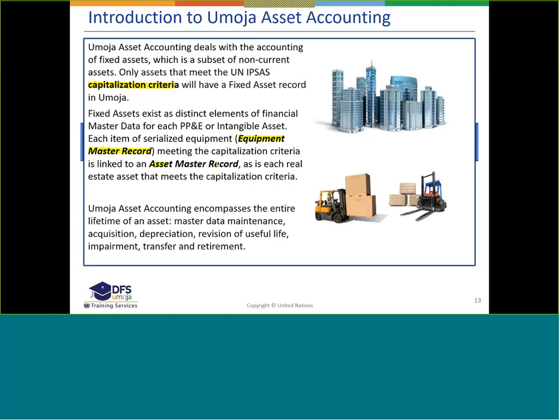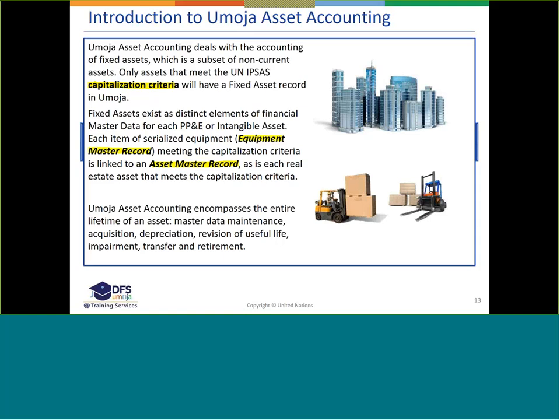All right. So the asset master record is the one that has the net book value and the financial view of the asset. But for operational reasons, if it's equipment, there will also be an equipment master record. Or if we are talking about real estate or a building, you will have a real estate element.